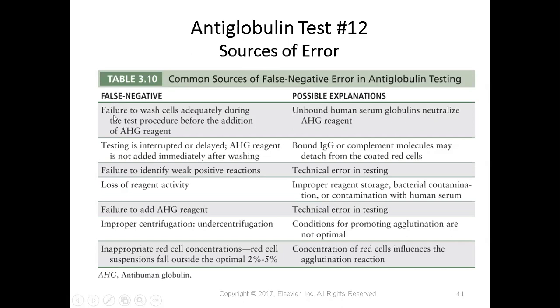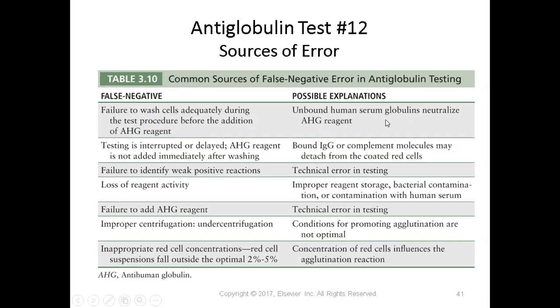So I mentioned to you all a few minutes ago that before we add any type of anti-human globulin reagent to a test tube, whatever's in that test tube needs to be washed to remove unbound proteins that could be present in the tube. If we do not wash adequately, unbound protein junk that's present in the tube could bind to our AHG reagent, and this is called neutralization.